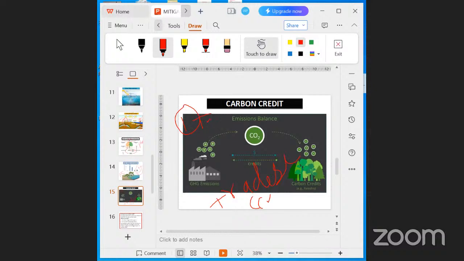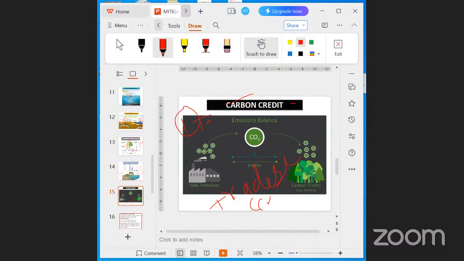So one carbon credit is equal to 1 ton of carbon dioxide. Remember this.